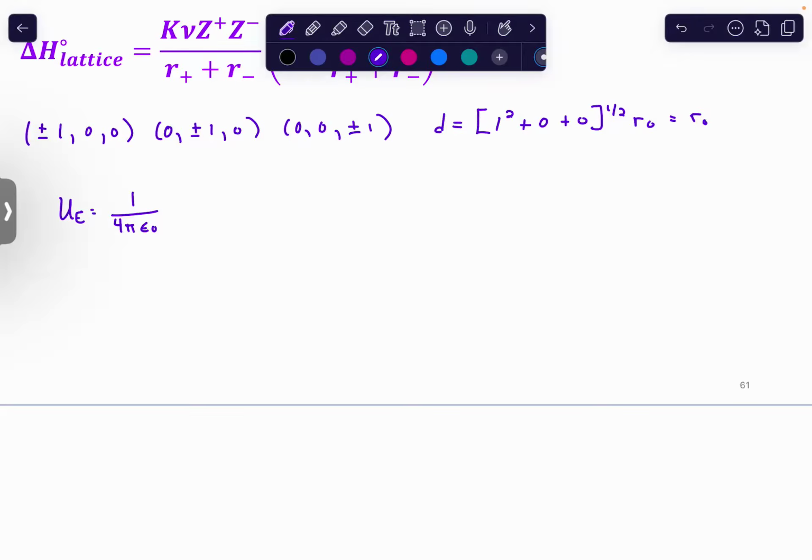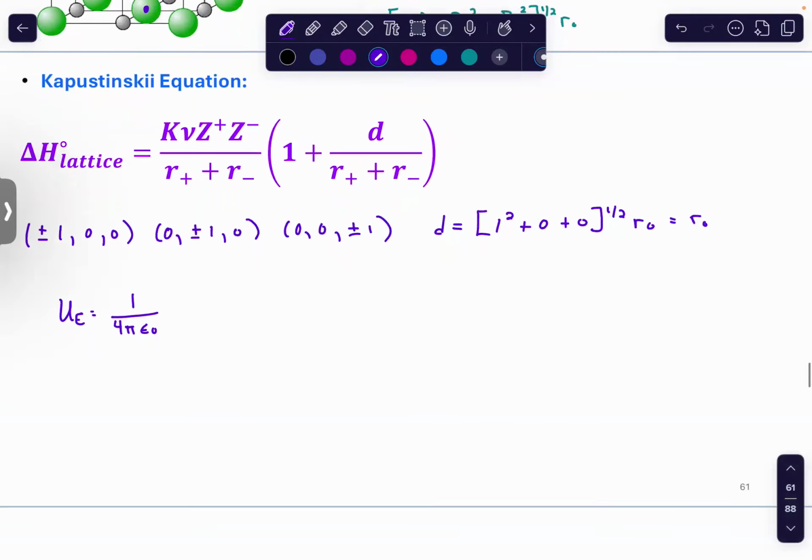So a Coulombic potential. If you have the 1 over 4 pi epsilon 0, what comes next? Epsilon 0. Man. You're like, I did this weeks ago. So this is your Q1, Q2 over R.